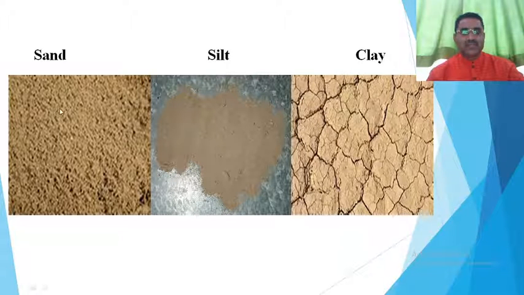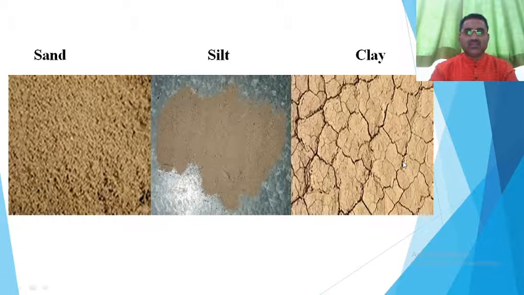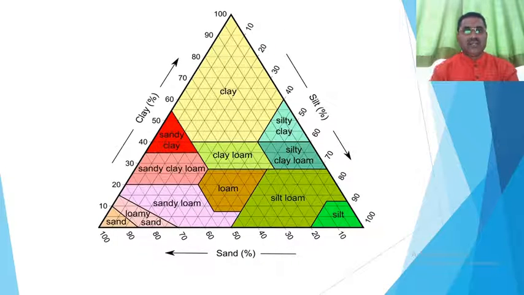Sand particles have larger sizes, silt have medium sizes and clay have very small sizes. This is the triangular presentation of the sand, silt and clay. Which type of percentage is there in the soil, we can see here.